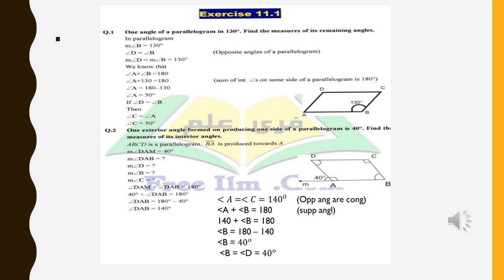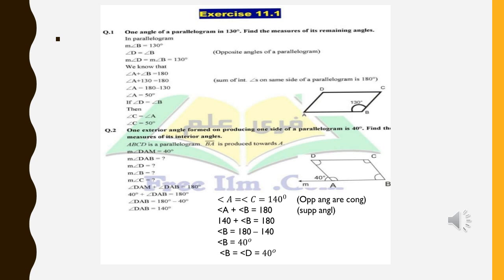Question number 2 is a little bit tricky. One exterior angle formed by producing one side of the parallelogram is 40 degrees. Find the measure of the interior angles. First of all, draw the diagram. ABCD is a parallelogram.